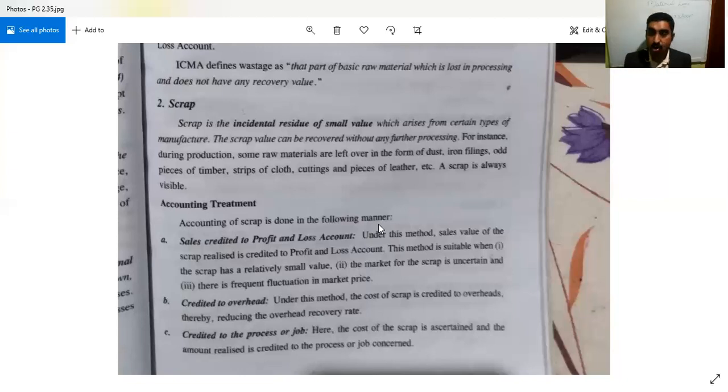So three things, the accounting treatment with regard to scrap: the scrap value or the saleable value realized from the scrap item is to be credited to the P&L account, credited to the overhead also, and credited to the job or a process.